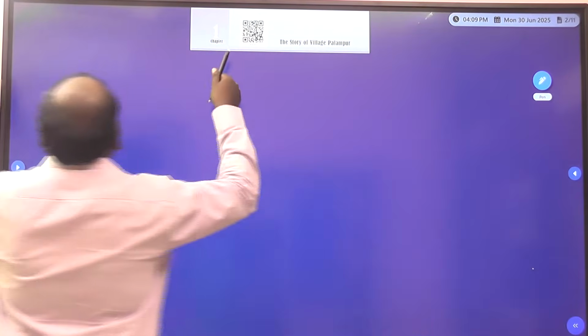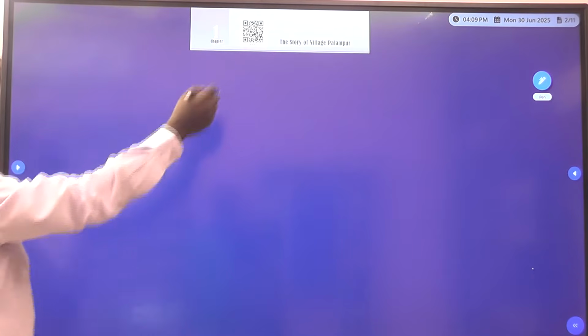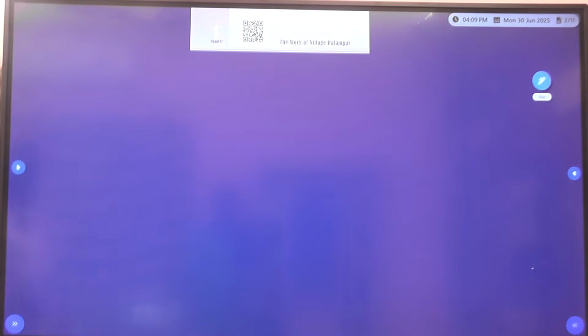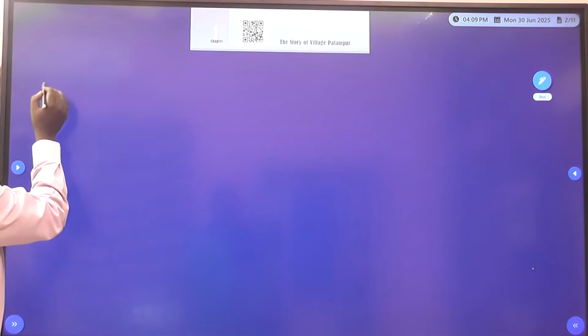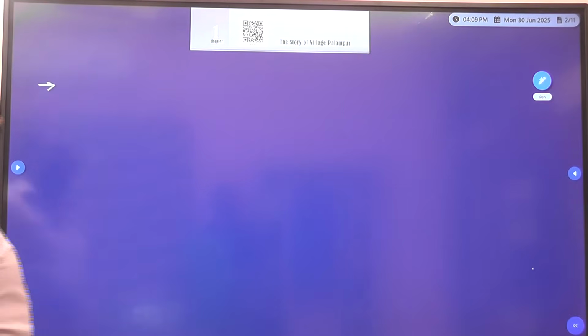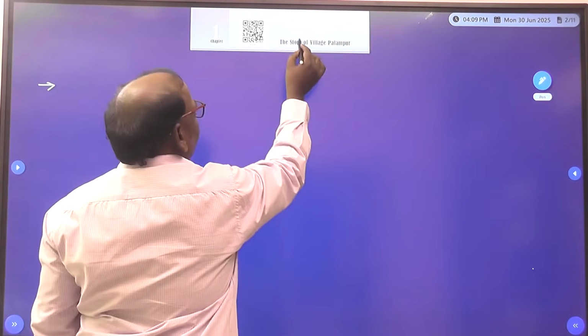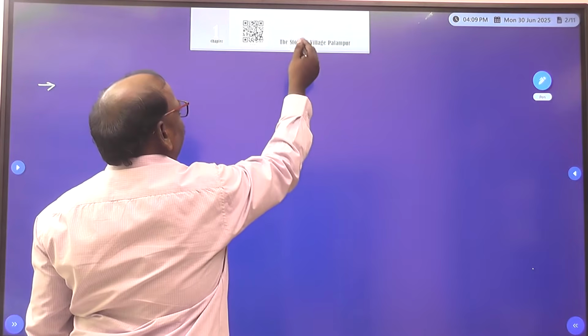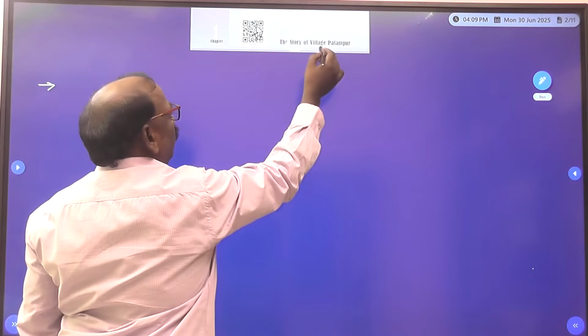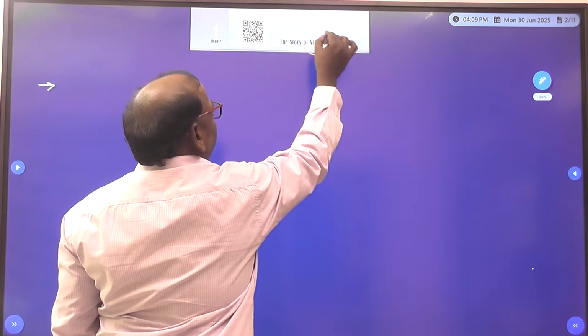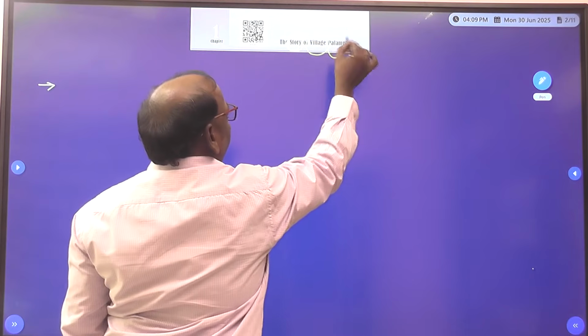See, the title of the first chapter is the story of village Palampur. We are discussing the story of the village that is there in Palampur.